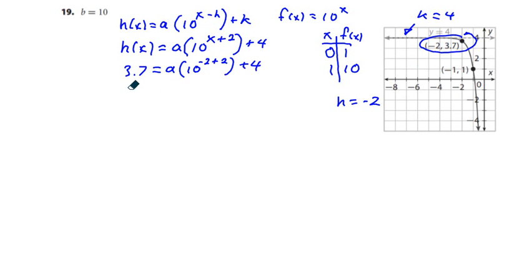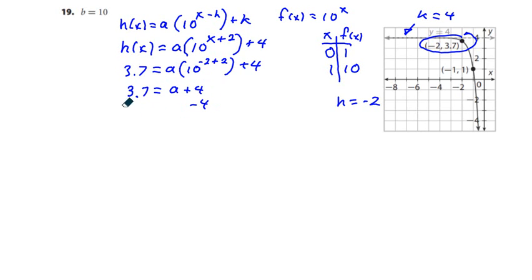And 10 to the power of negative 2 plus 2, that's going to be 10 to the power of 0 or 1. So what we have is 3.7 equals a plus 4.